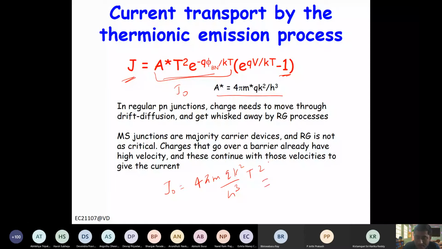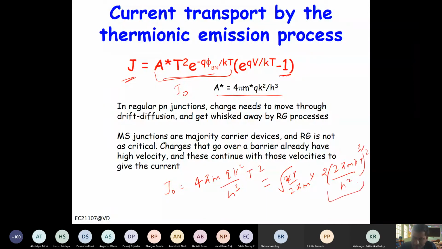And this can be written as root kT by 2 pi m times 2 times (2 pi m kT by h square) to the power 3 by 2, right?